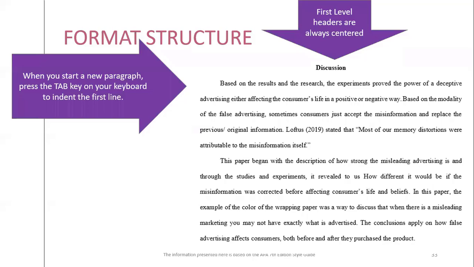The other thing that you see here, as I noted earlier, is that when you start a new paragraph, you press the tab key on your keyboard so you can indent the first line and you just keep writing. So this is very different than what you saw on the reference page. But what's important here is that when you have your paragraphs being written, they're all double spaced. They all have all of their formatting. It's pretty simple. It's pretty straightforward. There's no extra fancy formatting or colors. Keep it simple.